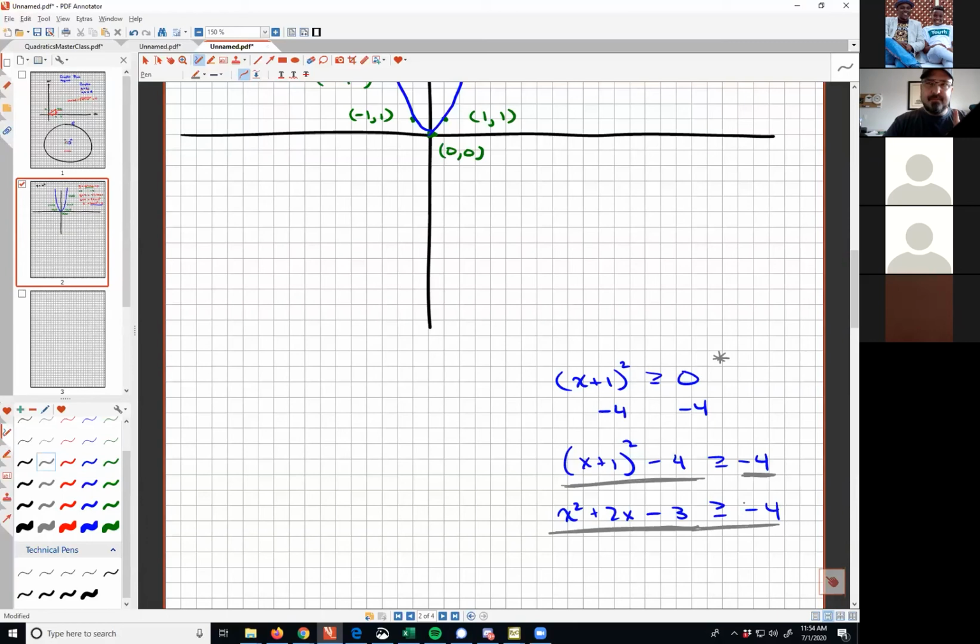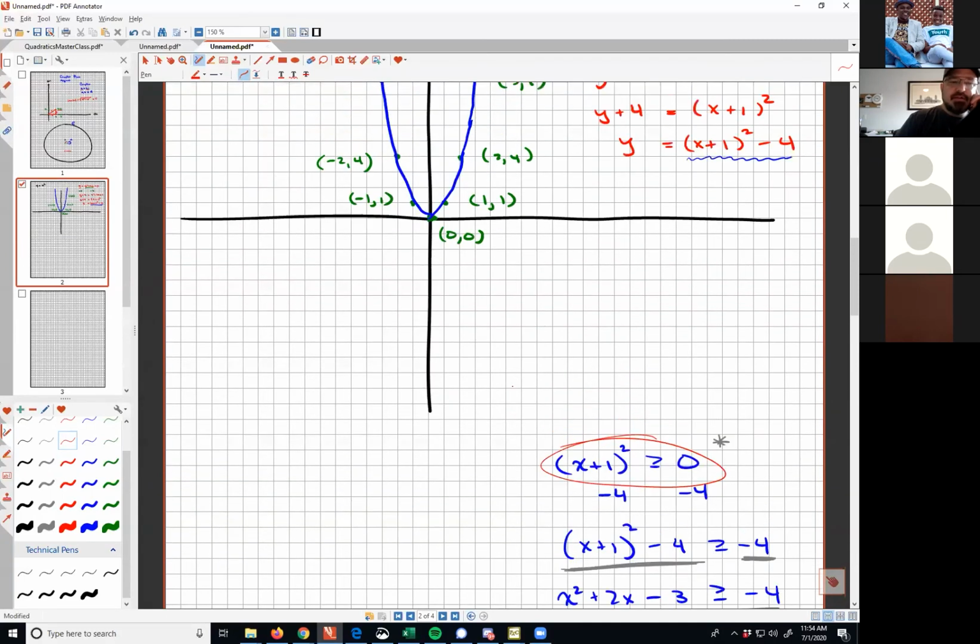I think x equals -1. x equals -1 gives us (x + 1) squared equals 0.